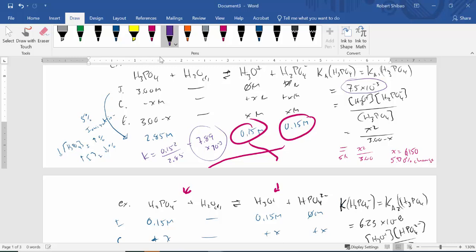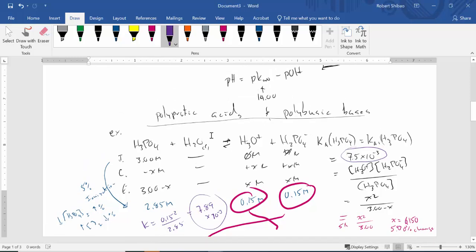And so, although you're allowed this here, what I'm going to do, since this is right at the limit here, is alternately use the quadratic. So I'll get this into quadratic form. This is just going to be x squared minus 7.5 times 10 to the minus 3... actually, I'm not going to write scientific notation here.